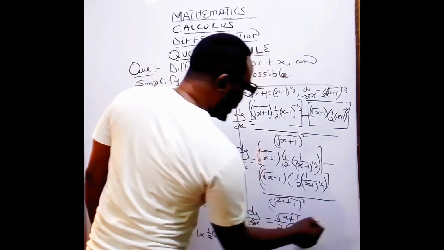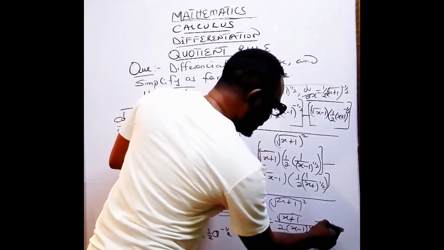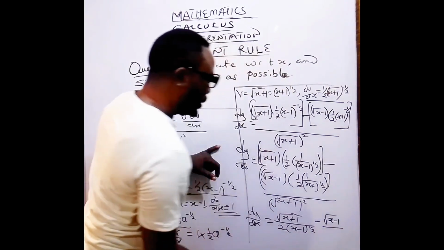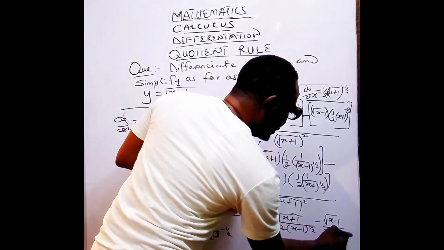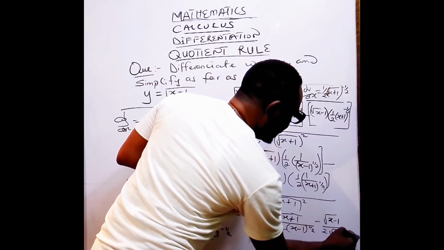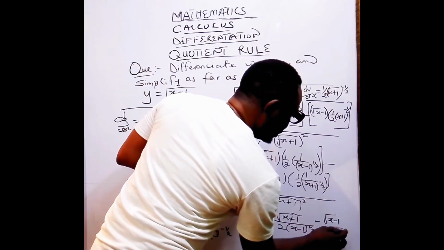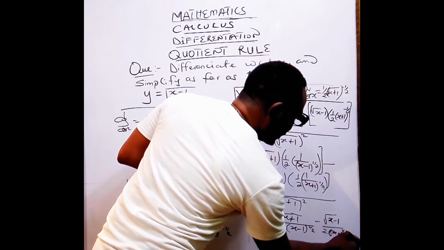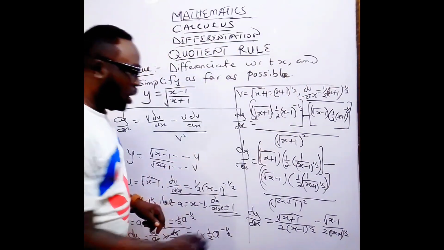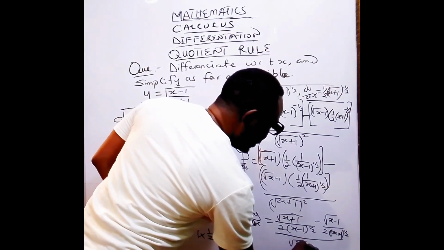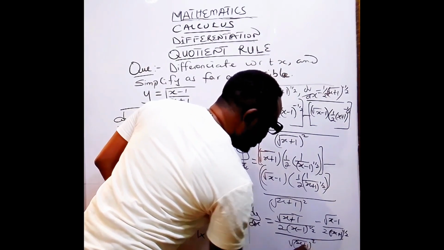Then minus root x minus 1 all over 2 root x plus 1 raised to the power of, not root, x plus 1 raised to the power of half as well. Now, all over root x plus 1, both in the bracket, squared.